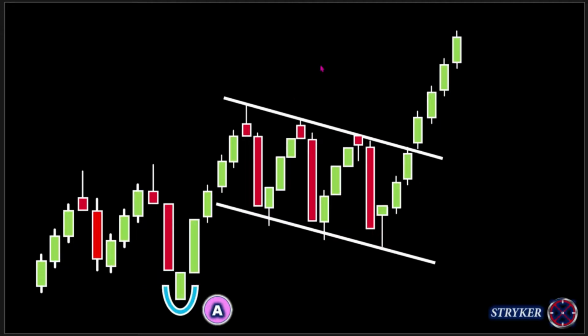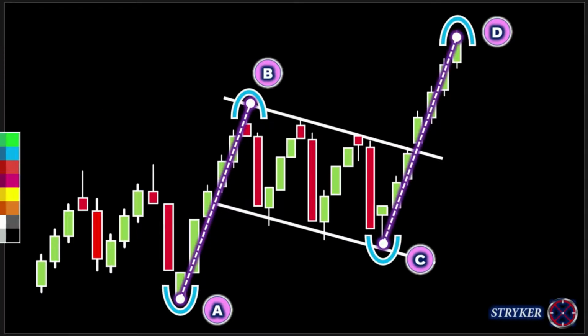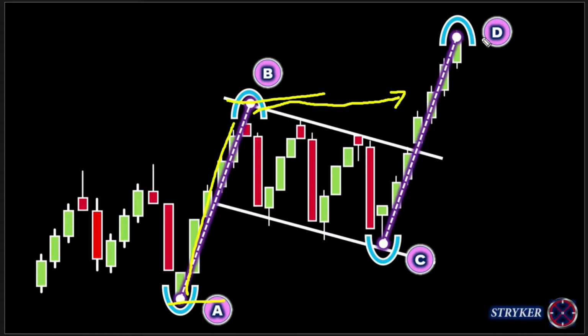We take one of these impulse waves, point A to point B is an impulse wave, and you take that same measurement and place it right here for the target. You can draw a line here, then transfer this line to set the target here. The entry is always here, an aggressive entry. Then the stop loss will be around here, which I will mention in my next slide.